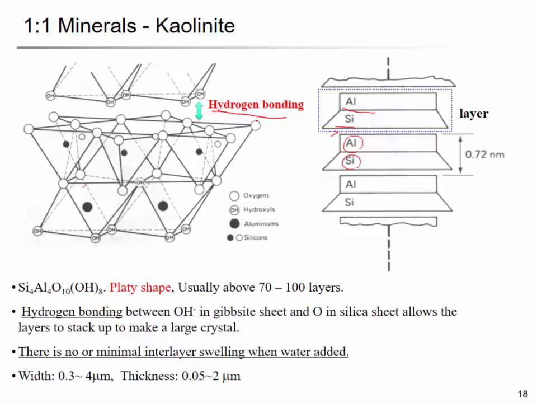The hydrogen bonding is very strong, so when you add water, it cannot penetrate inside. They have a very strong bond. So you don't have interlayer swelling. The width is around 4 micron, and the thickness is like a tenth of it in general.